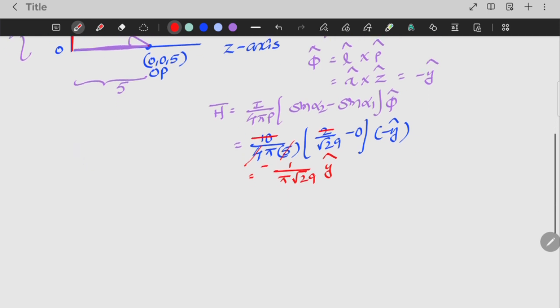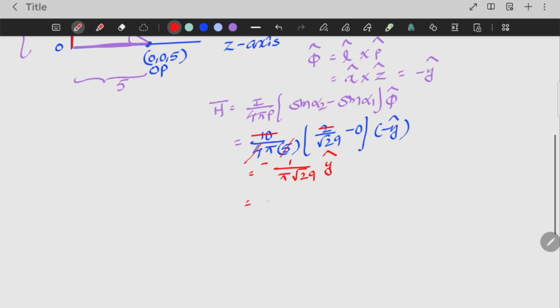Let me calculate this. I got minus 59.1 milliamperes per meter times y cap.